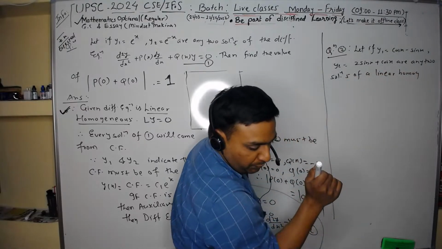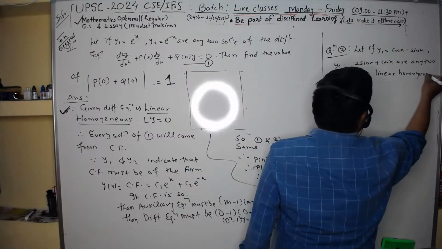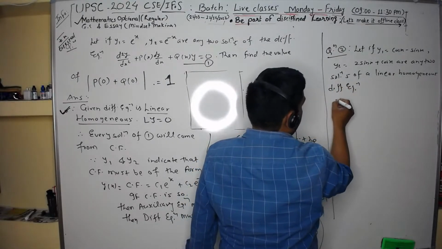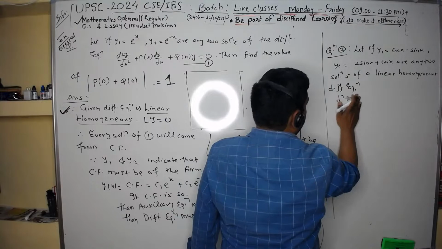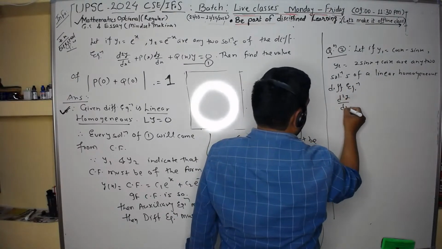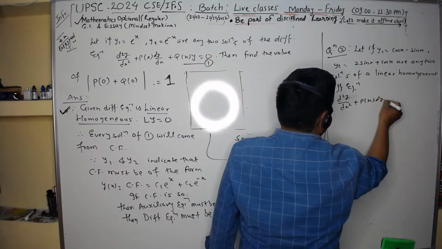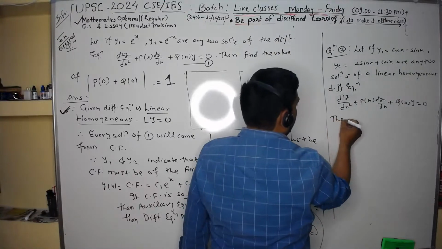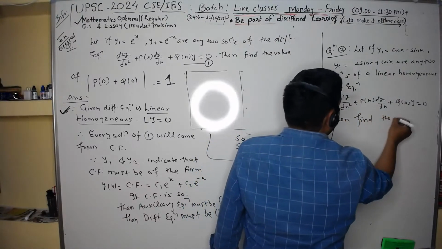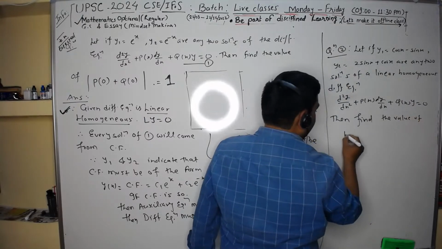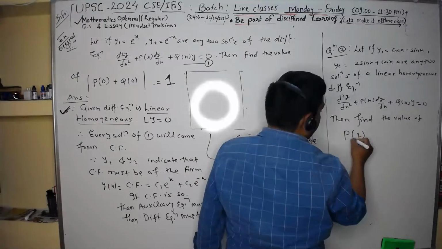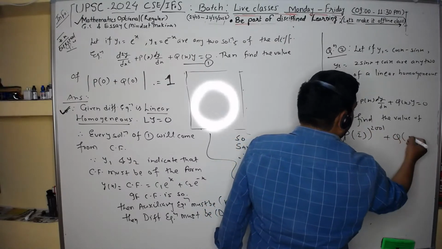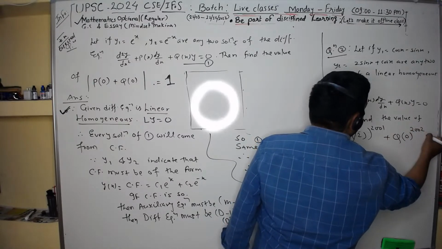अच्छा, this question का answer you people will tell, okay? Homogeneous differential equation d2y over dx square plus px dy over dx plus qx y equals to 0, then find the value of p at 2 का power 2001 plus q at 0 का power 2002.